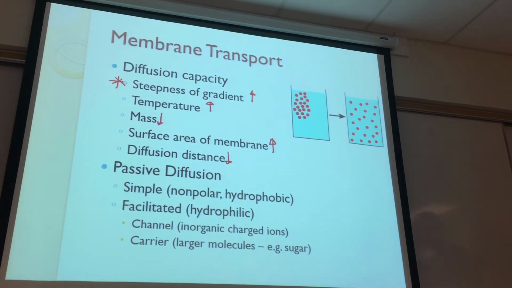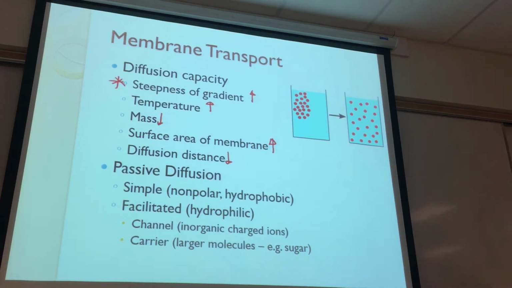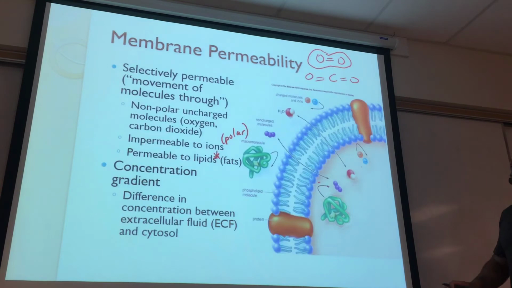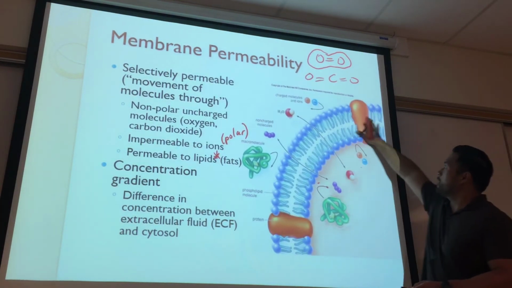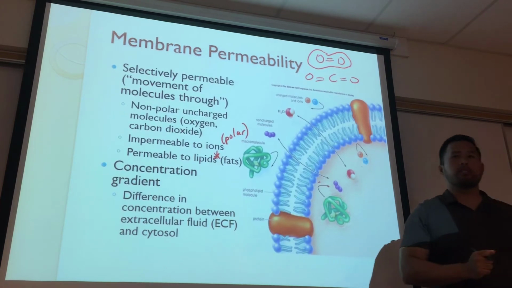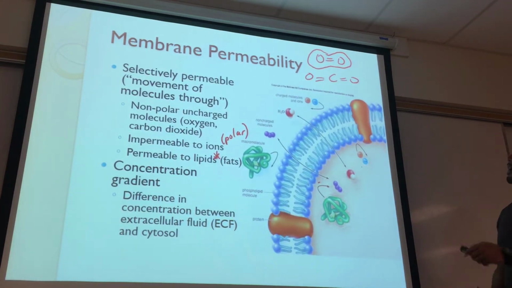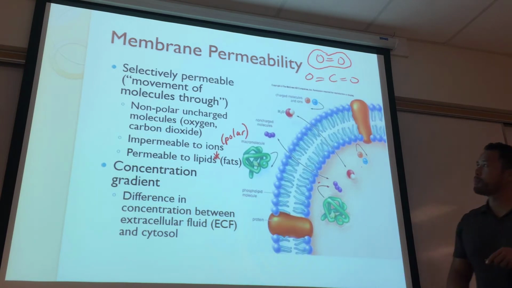So now that we've talked about molecules moving through, and in the last slide we talked about the selectively permeable membrane, meaning we've got this barrier and molecules that can either move through or not move through, where for the most part nonpolar molecules can move through.